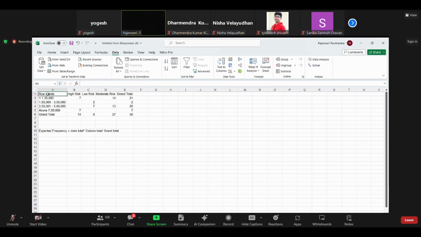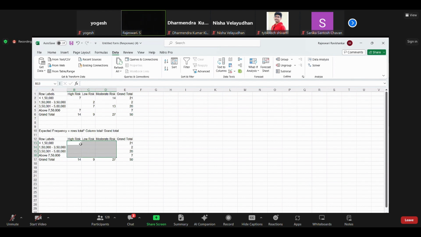Okay, so the next column, I'll copy it once again. I will delete these observed values because I'm going to fit in the expected frequency for all these values.